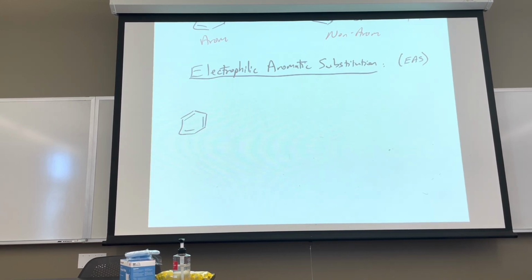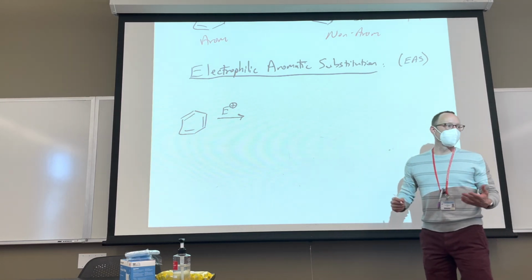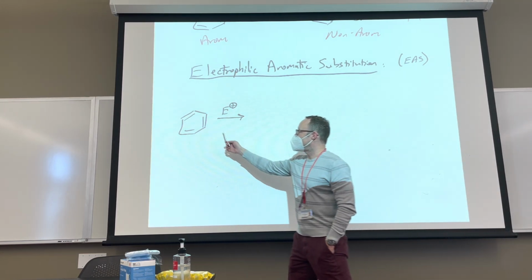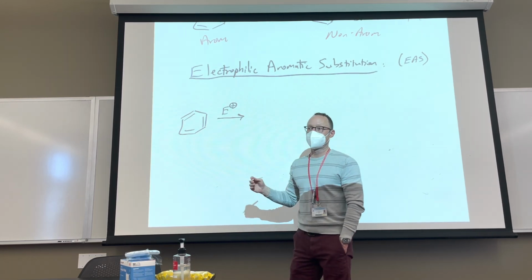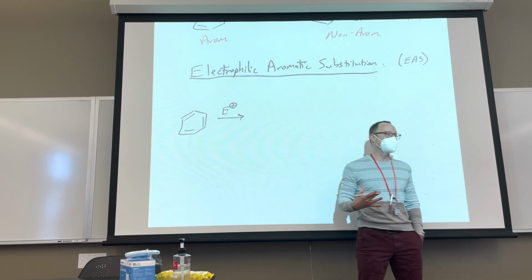And in the first step, we're going to have pi electrons go and attack an electrophile. Now, if you think about that, we're temporarily doing something I told you we couldn't do. If you have the pi electrons of benzene go and grab an electrophile, it's going to temporarily disrupt the aromaticity of the system.